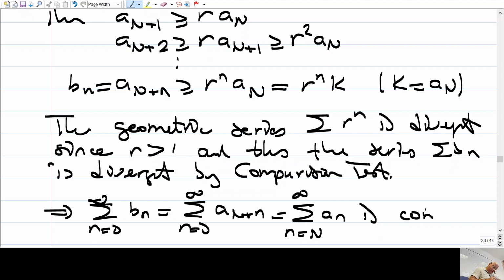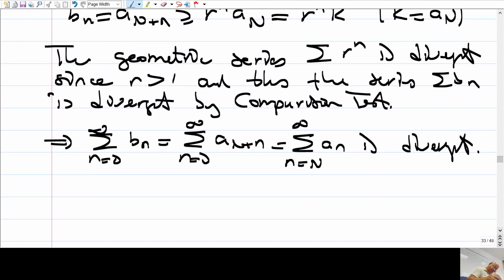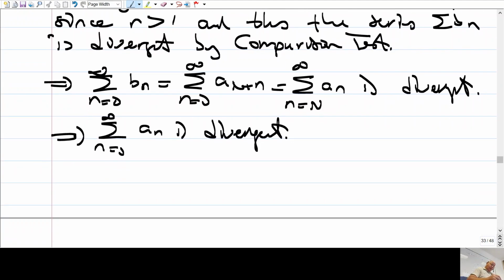It is divergent. Well, this implies the original series is divergent. So this finishes the proof.